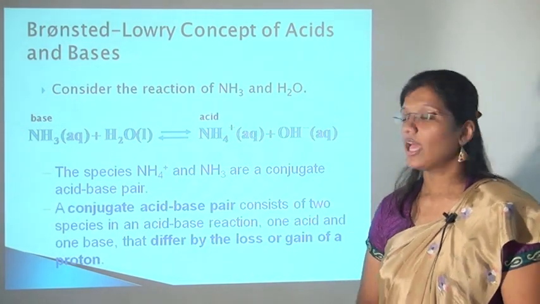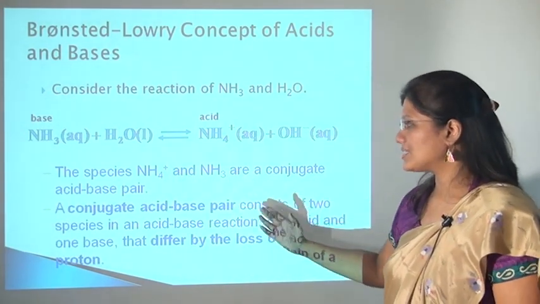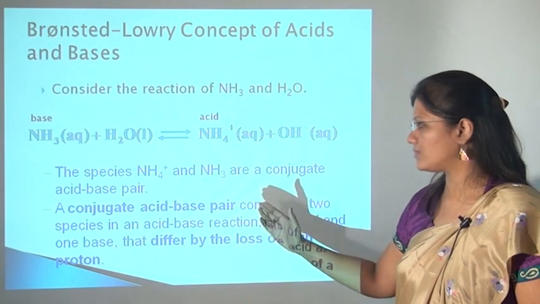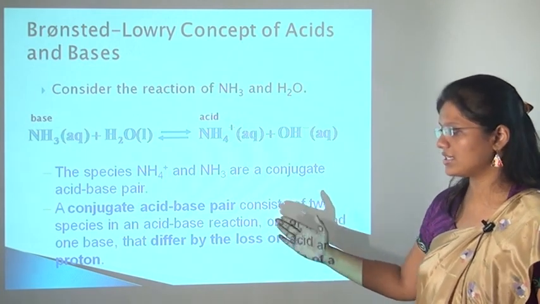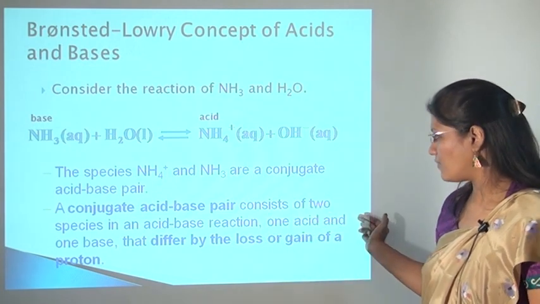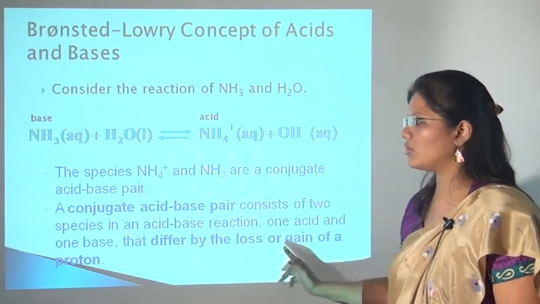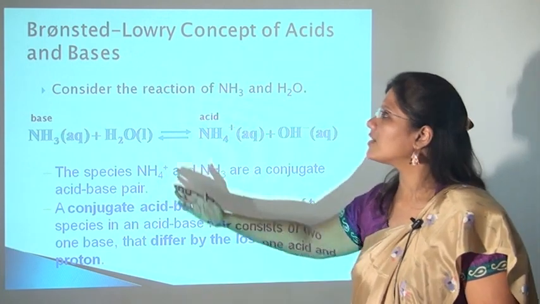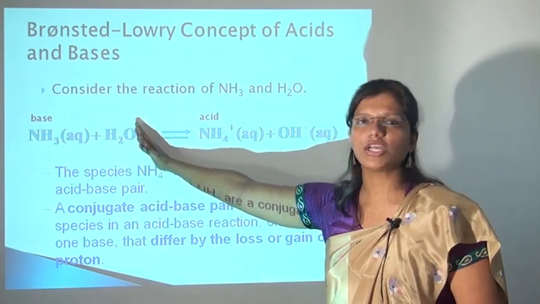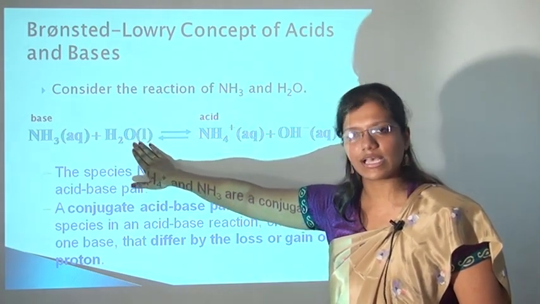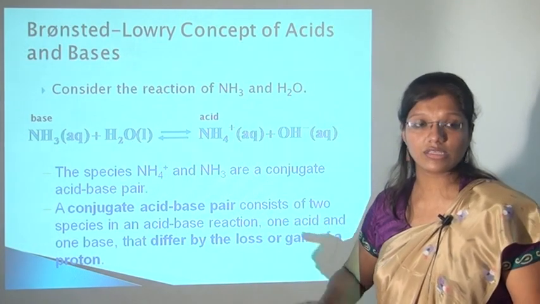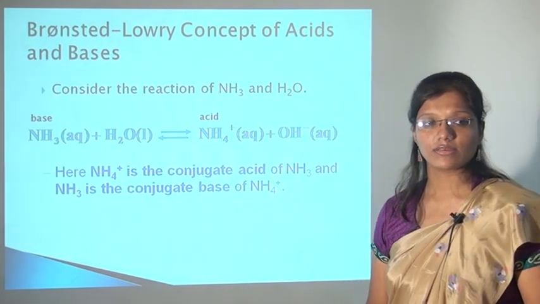A conjugate acid-base pair consists of two species in an acid-base reaction, one acid and one base, that differ by the loss or gain of a proton. If you consider H2O, this side behaves as acid while this side behaves as base.